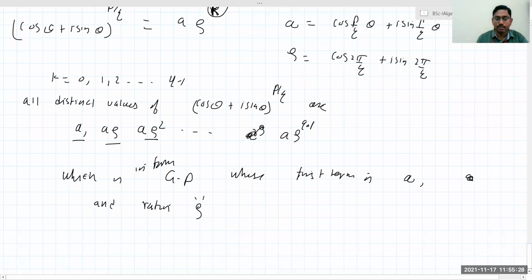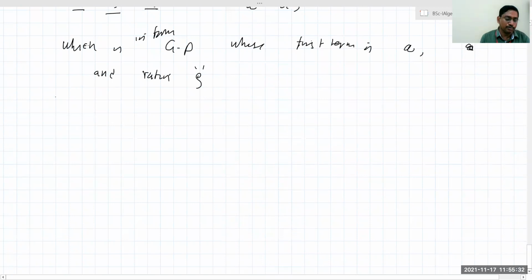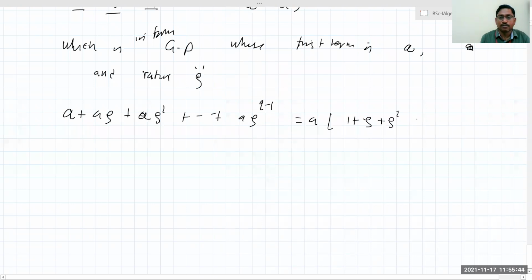Now we'll have an exercise to show that this sum is 0. We have to find the sum of a plus a rho plus a rho square and so on, up to a rho raised to q minus 1. I will take a common: 1 plus rho plus rho square and so on, up to rho raised to q minus 1. You know how to add this geometric series: a times (1 minus rho raised to q, total q terms) divided by (1 minus rho).